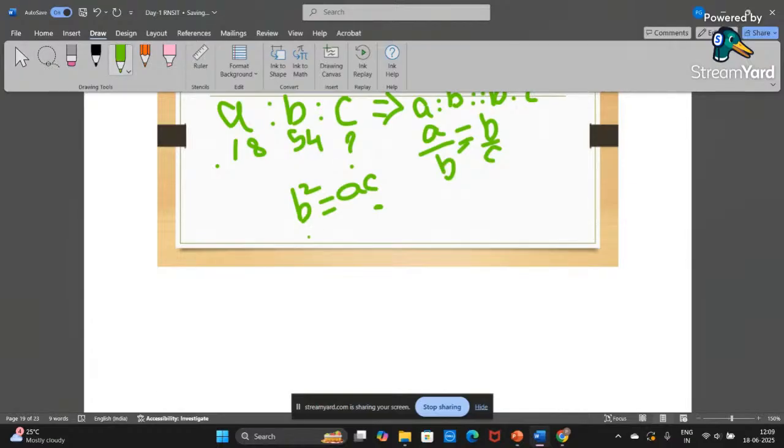What is B? We know B is 54. B square equals A is 18 and C is what we need to find out.